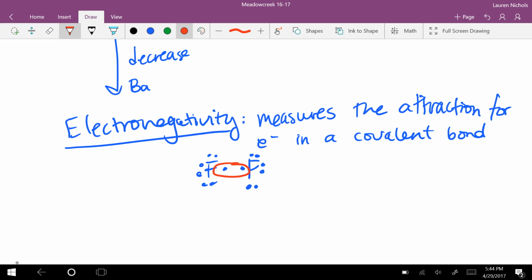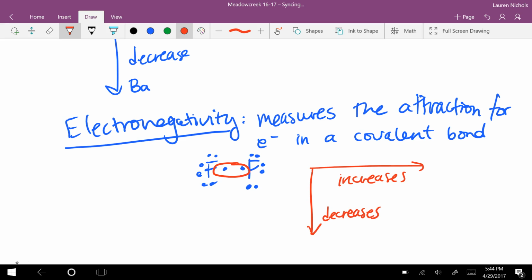But I also don't want to give mine up to you in return, so we'll just share. Whereas something like lithium is like, no, please, just take mine. And so electronegativity does the same trend. It increases as you go across, and it decreases as you go down.